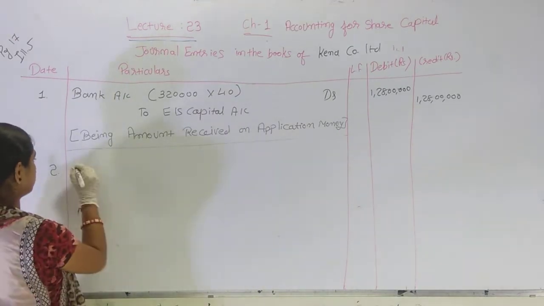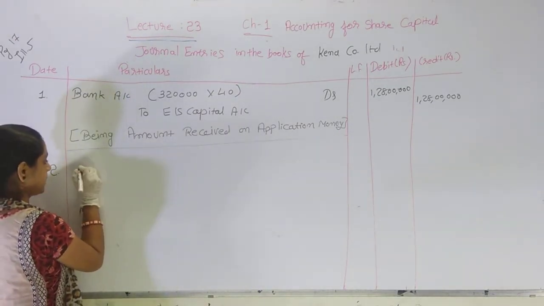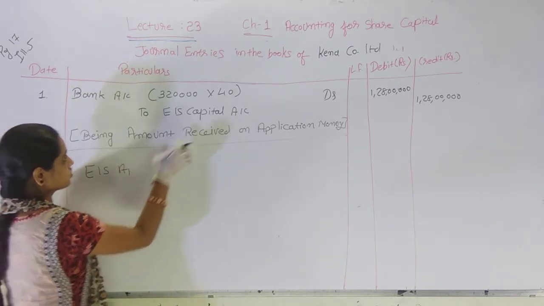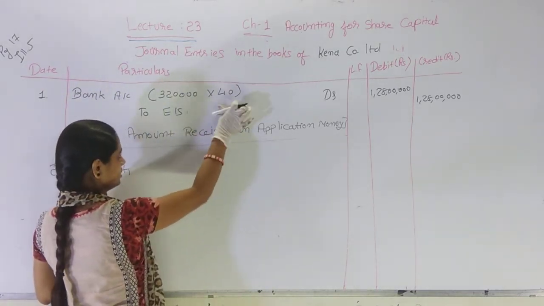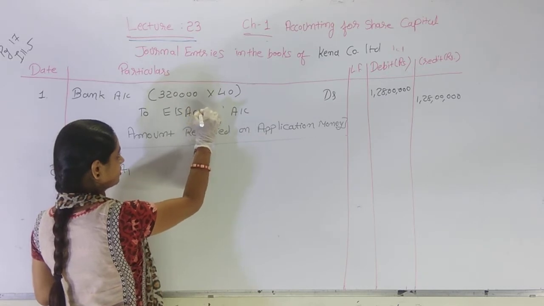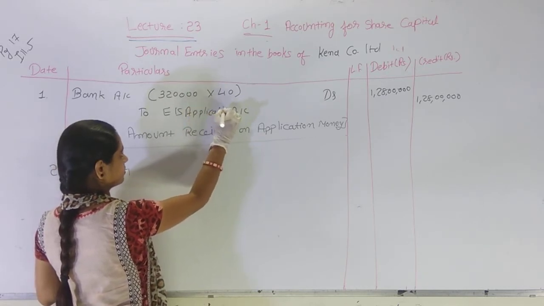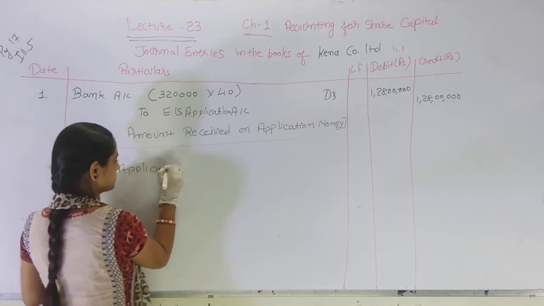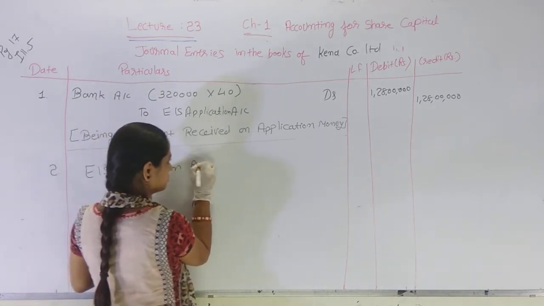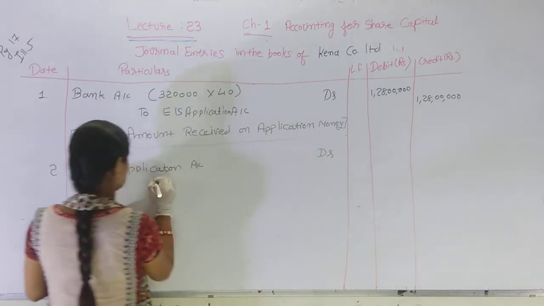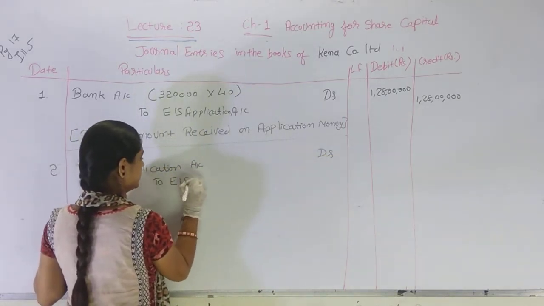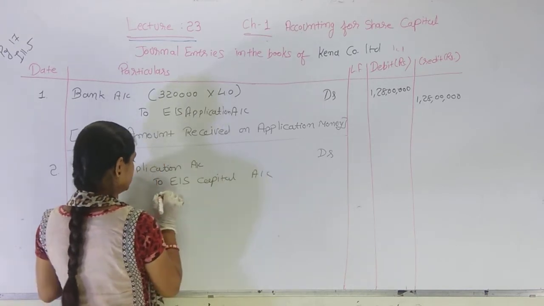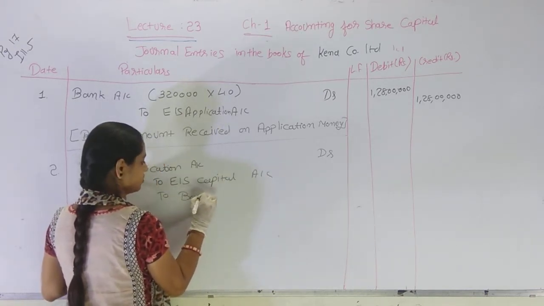Second entry will be for transferring, right? So equity share, instead of writing capital, here will come application. Equity share application account debit to equity share capital account to bank account.